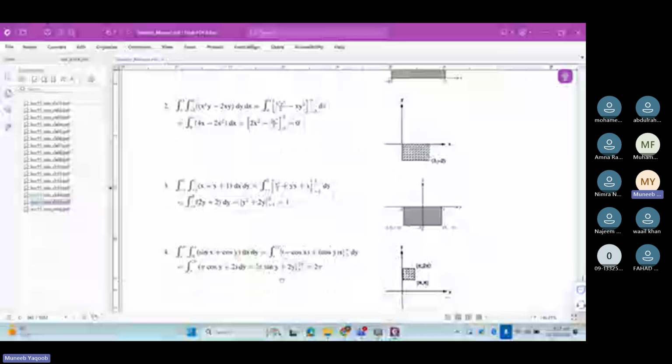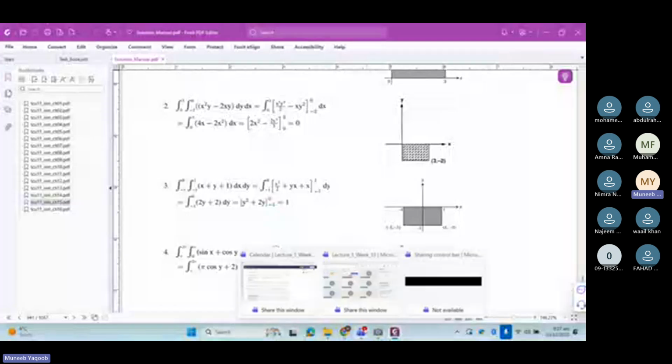Then after simplifying, we get a function which involves y. We basically apply the limits of y since we integrated with respect to y, and finally applying the limits, we get the final answer. So again, if we are to confirm our answer, we can always check the solution manual and you can see that our region of integration is correct and our answer is also correct.